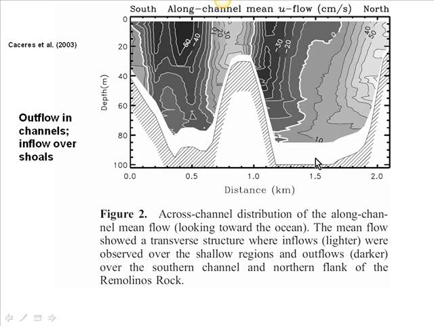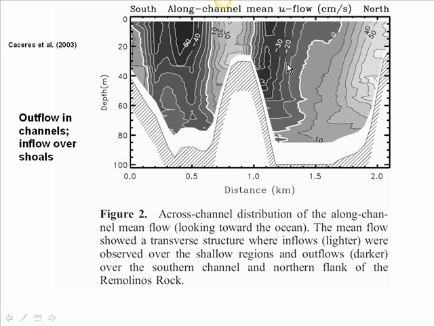So there's a transect there in the middle of that channel. And what you see here is the mean flow. We're looking toward the ocean, sitting in the inland sea looking toward the ocean. And the dark areas represent flow going away from you into the screen, and the light areas represent flow coming toward you.